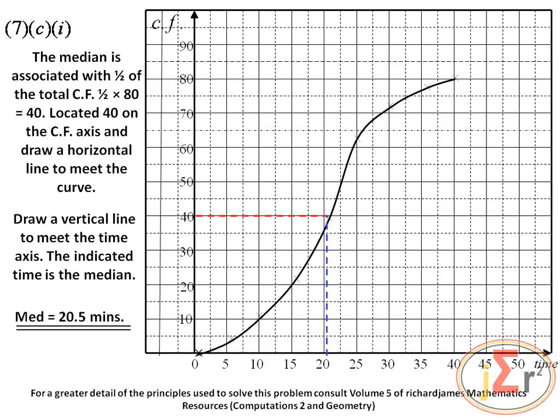So we need to be cognizant of the fact that total cumulative frequency is what we use, and half of the total cumulative frequency in this particular case is 40, the total being 80. So we need to go to 40 this time and not 50.